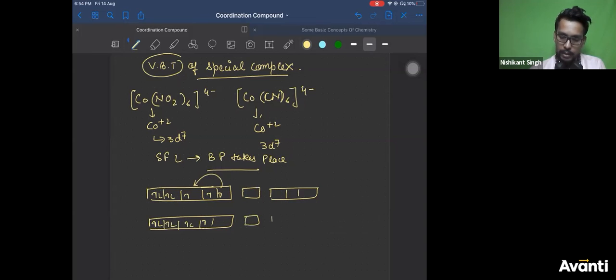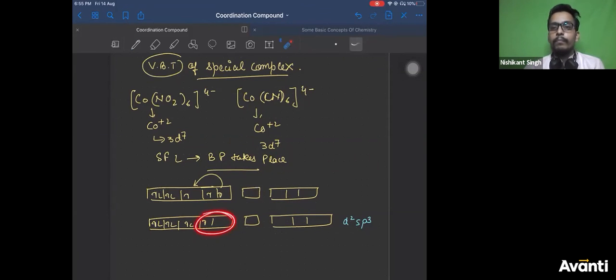So now 4s, 4p. So now can we have d2sp3 hybridization? No, because we need 2 d orbitals. Dekho, in this situation and in the situations where you get one unpaired electron left, you don't have any option, you have to go for sp3d2.